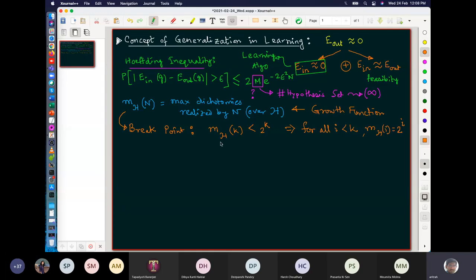Right? This is quite easily understandable and we got the concept of the breakpoint. And then what does it suggest? It is a very particular observation that we made: if the breakpoint k is finite, this will imply that m_H of N is a polynomial.